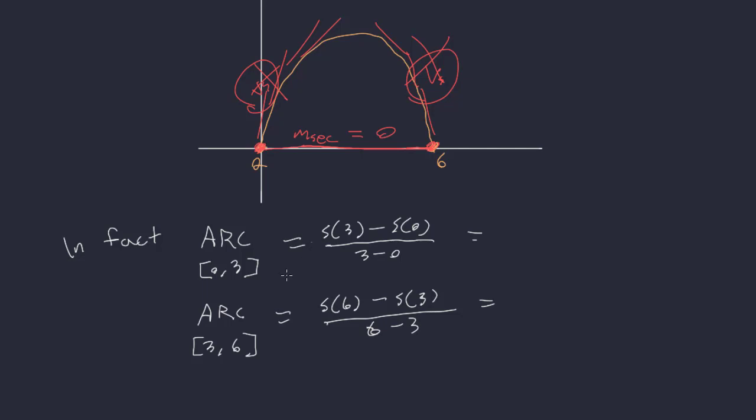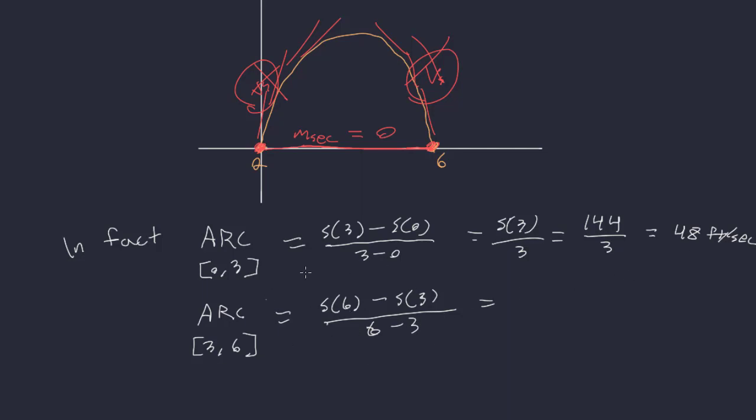In fact, if you were to quickly do the average rate of change from 0 to 3 and 3 to 6, you'll find that, well, we already know that s of 0 is 0, and so it's really just s of 3 over 3. And s of 3 is, when you plug that in, going to be 144 over 3, which will be 48 feet per second.